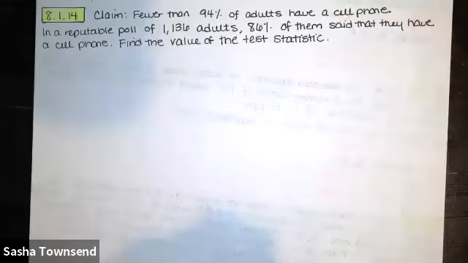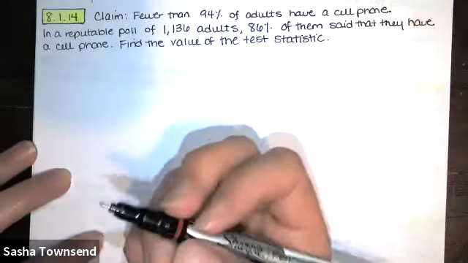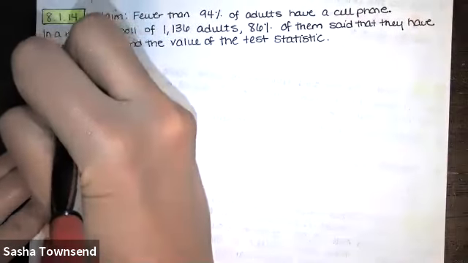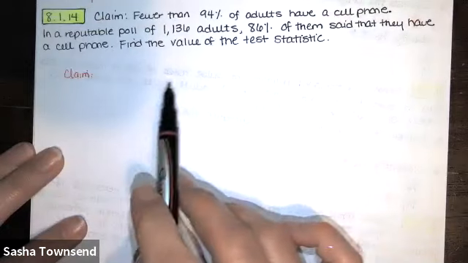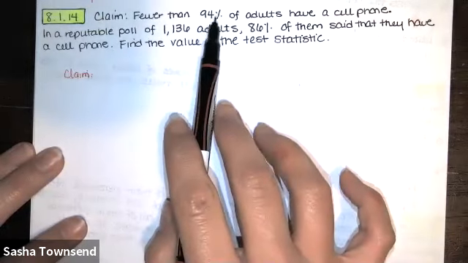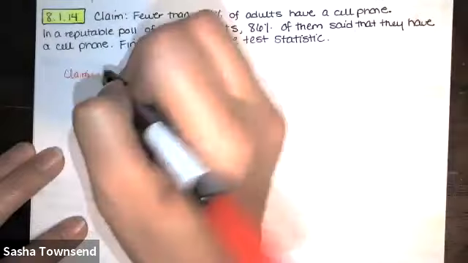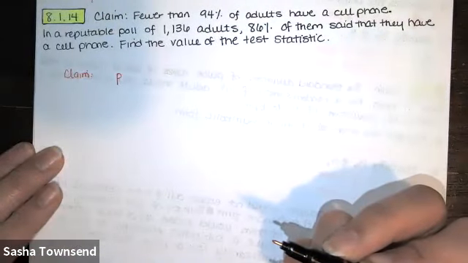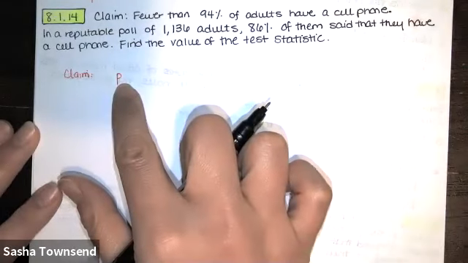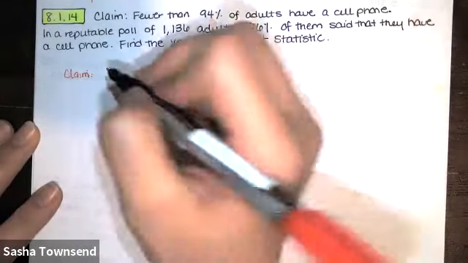So what I would recommend for this problem and all similar problems is first you write that claim down in symbolic form. So the claim is that fewer than 94%, that's a proportion of adults have a cell phone. So we're saying that the proportion is less than 94%.